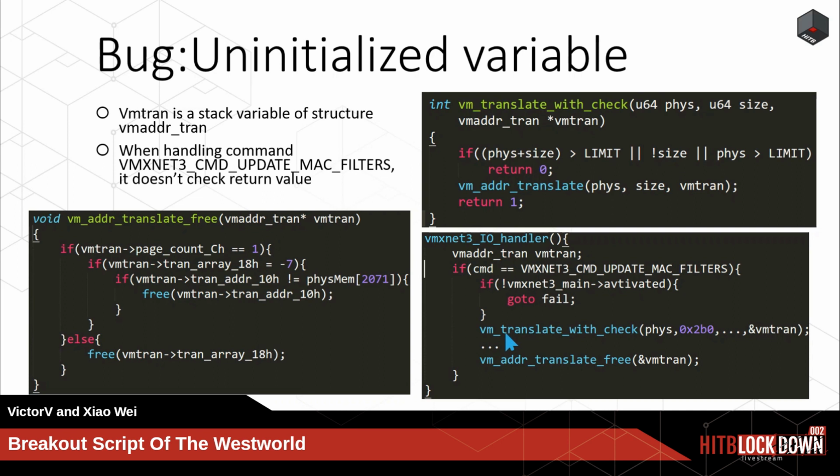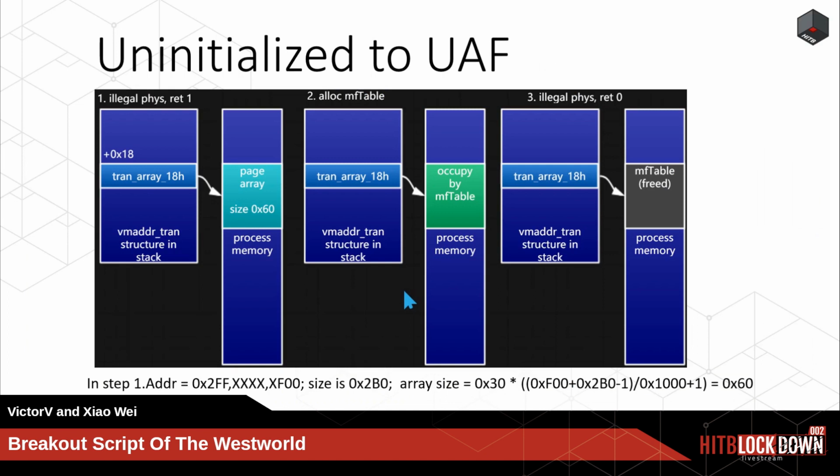And then it will call a free function. In this free function we mentioned before, it may free a heap from a stack variable. So this leads to an uninitialized bug. To exploit, we need to transfer it to a UAF bug.